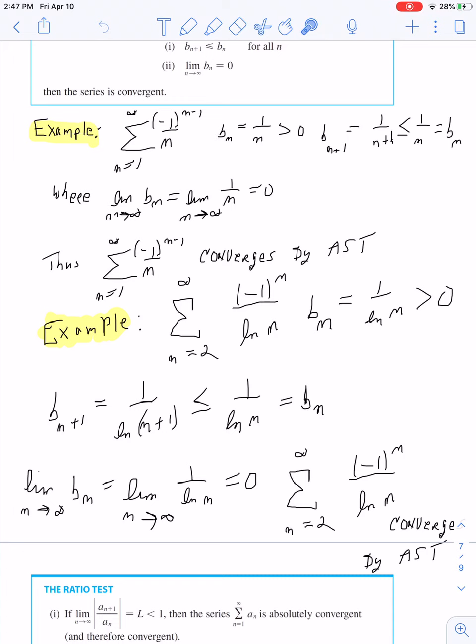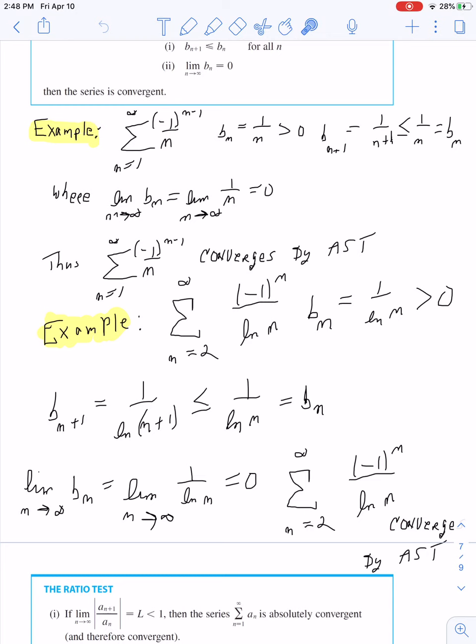So criterion 1 is satisfied. Now I need only check criterion 2, which is take the limit of Bn, that's the limit of 1 over natural log n, and as n tends to infinity, that goes to 0. So criterion 1 is true, criterion 2 is true. By the alternating series test, I conclude what? That this series converges.